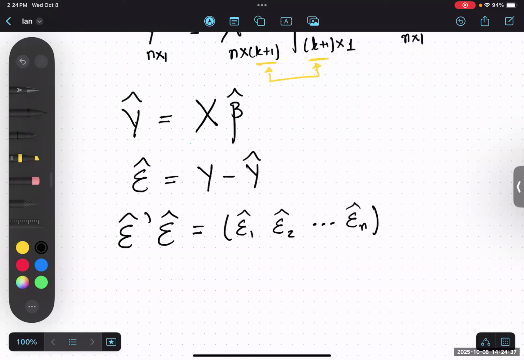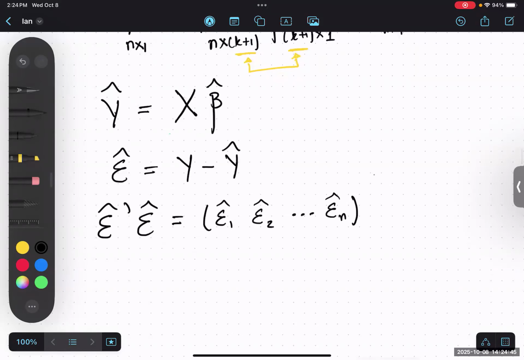For each observation, you could obtain an estimate of the error term that we call the residual. And that's the transpose of the vector of residuals. What is the regular vector? Well, epsilon hat 1, epsilon hat 2, up to epsilon hat n.